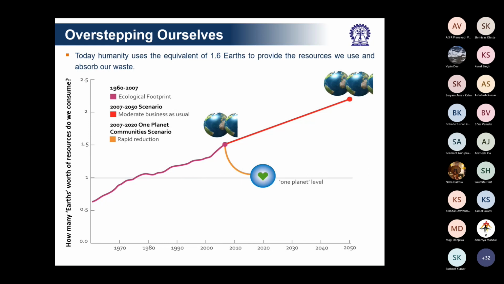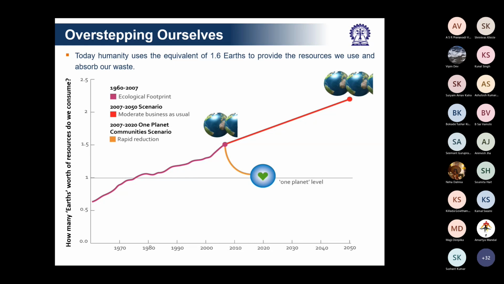So if the number of people and the average use of renewable resources per person continue growing as projected, then by around 2035, supplying such resources indefinitely will require the equivalent of two planet Earths. Today humanity is using the equivalent of 1.6 Earths to provide the resources we use and absorb our waste.